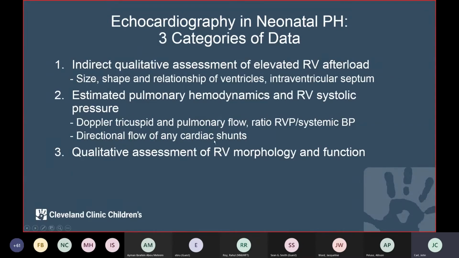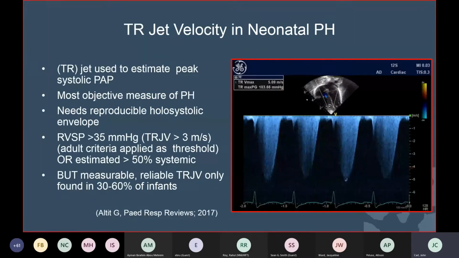But there are 3 categories of data that we collect: the qualitative assessment of elevated right afterload, the pulmonary hemodynamics and right ventricular systolic pressure by Doppler tricuspid pulmonary flow, and the qualitative assessment of right ventricular morphology and function. So the primary modality is a TR jet, used to estimate peak systolic pulmonary artery pressure.